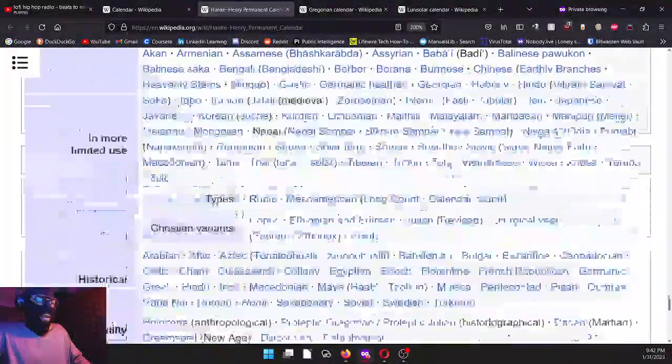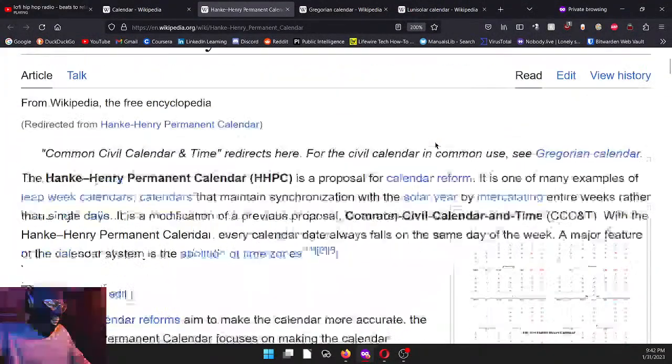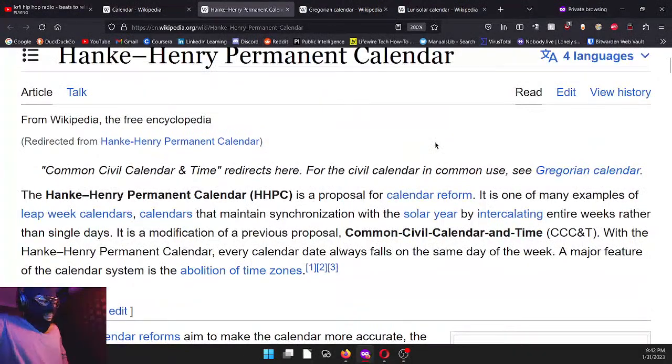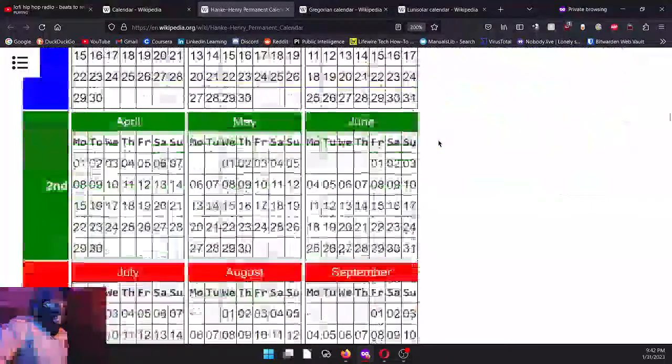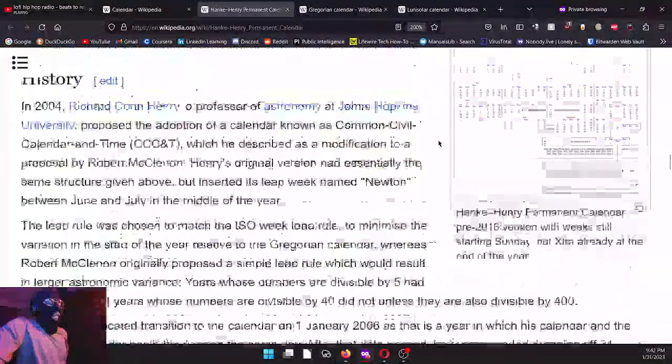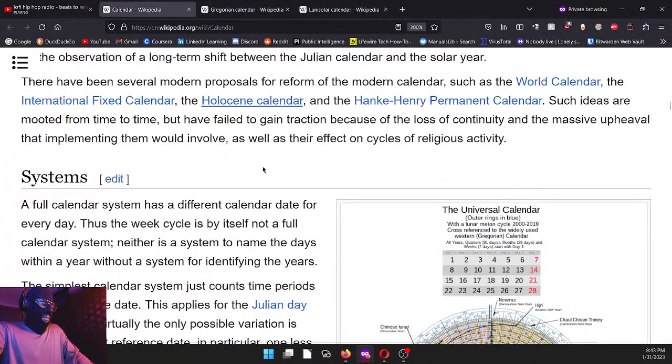There's a lot more than just the actual solar calendar page. It looks like it was proposed recently, well, in the past few decades. Yeah, in 2004, Richard Conn Henry, a professor of astronomy at Johns Hopkins University, proposed the adoption of a calendar known as the Common Civil Calendar and Time, CCC&T. Alright, so that's the proposed one.